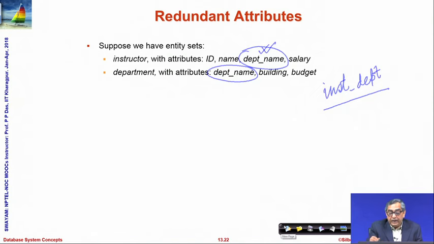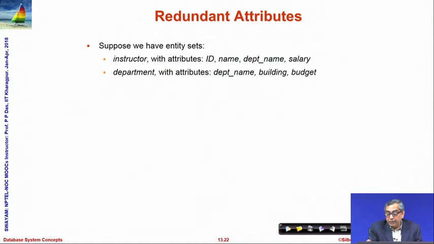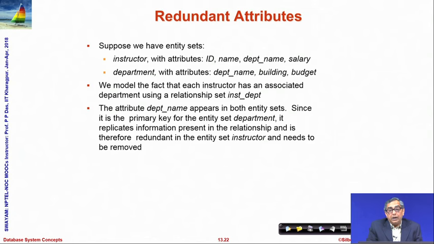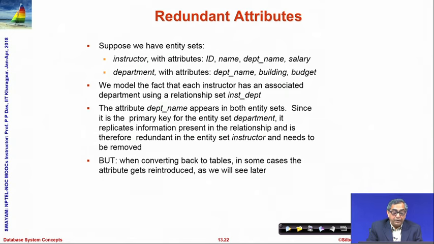So, in several cases there is a question of whether we maintain some information in terms of a relation, or we include that directly in the entity set and get rid of that relation. So, if I have the inst dept relation and then the attribute department name appears on both these sets, inst dept as well as on the instructor, there is duplication, replication of the data which we would want to avoid.